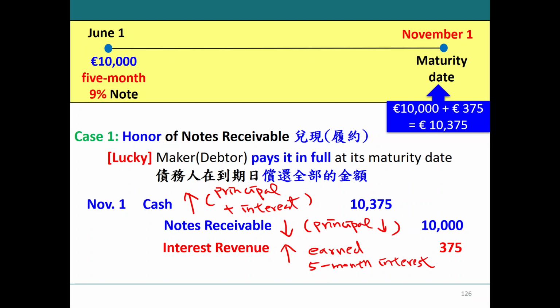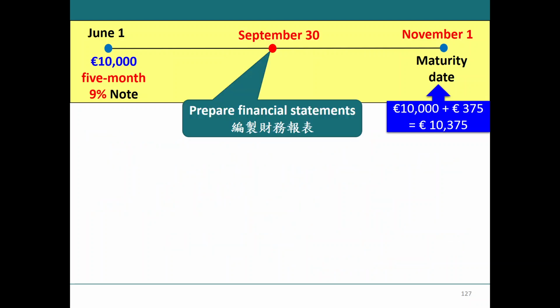Then I will tell you, what if, in the more normal case, in between we had to prepare financial statements? This is a more common, more normal situation. Before maturity day, you had to prepare financial statements.